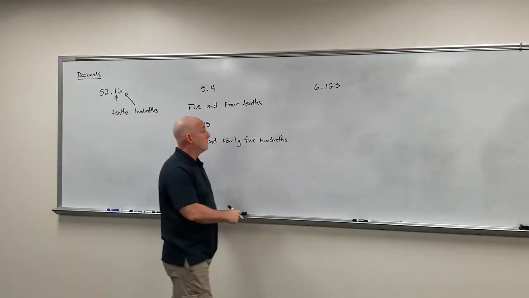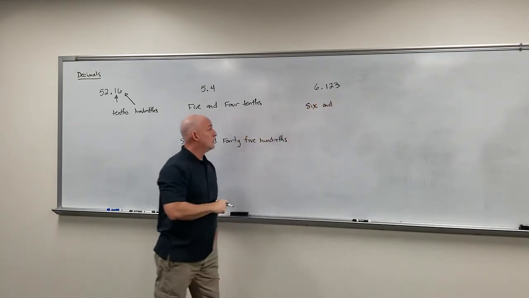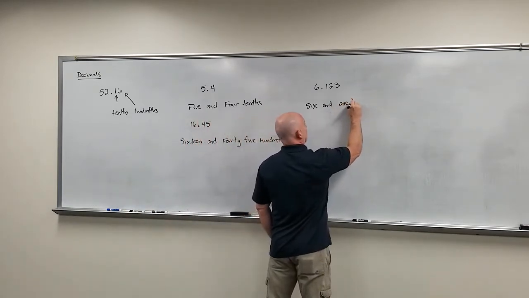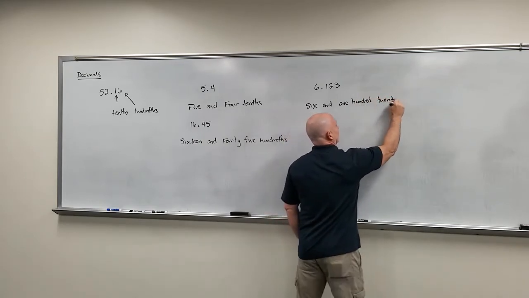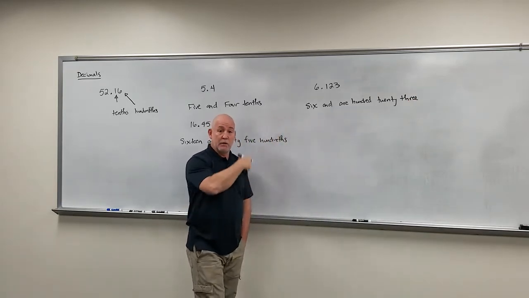So the part on the left side of the decimal, that's just a 6. So that would be 6. The decimal point gives us the "and." And the number on the right is 123. Now we've got to determine what we add on to the end.